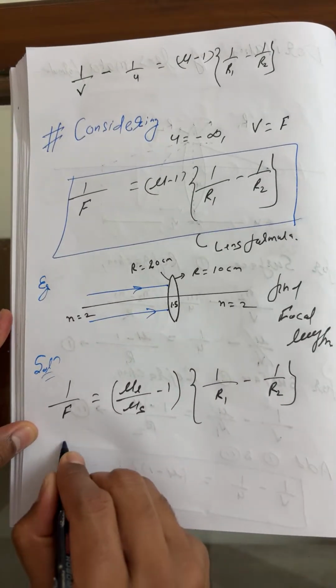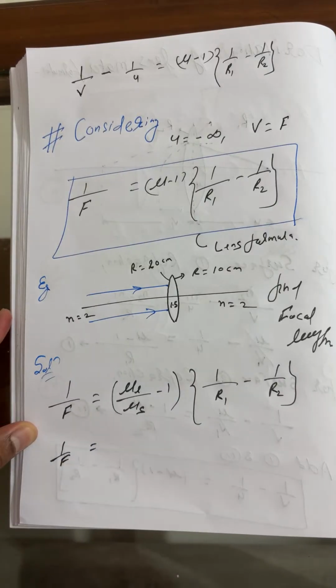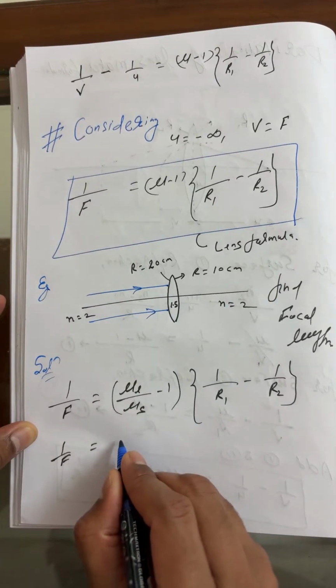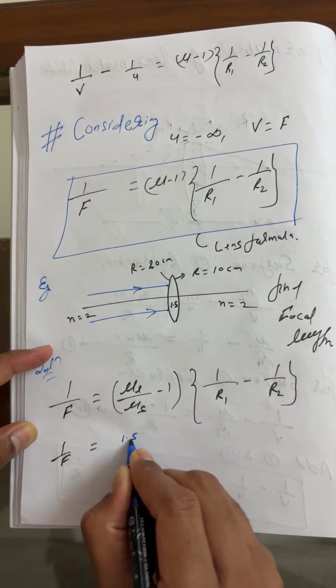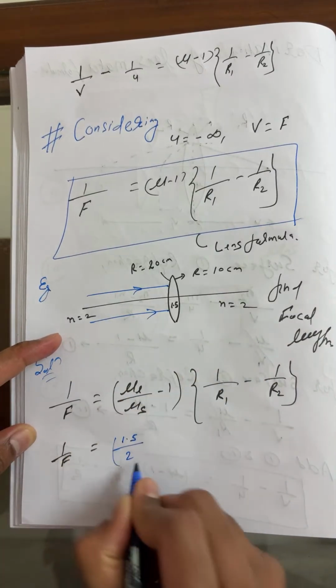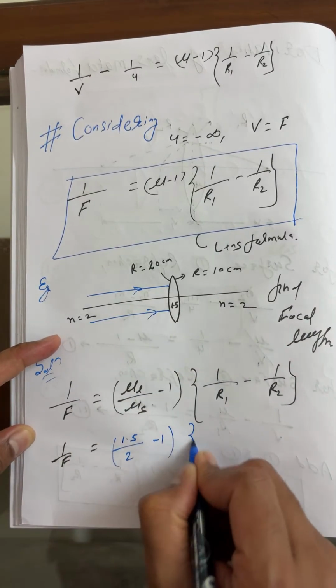Now just substitute the values. Mu of lens is 1.5, mu of surrounding is 2, minus 1.